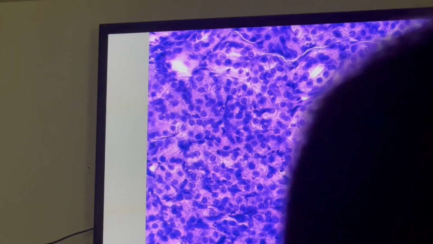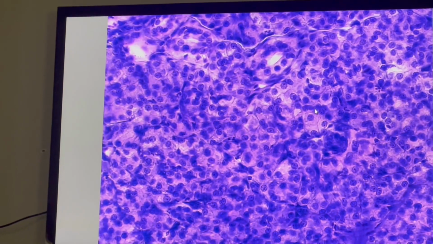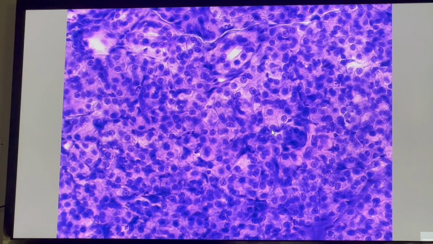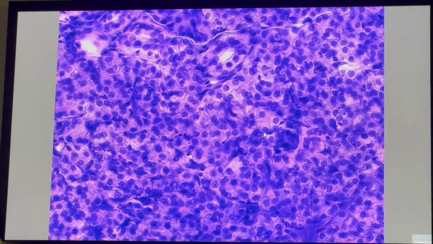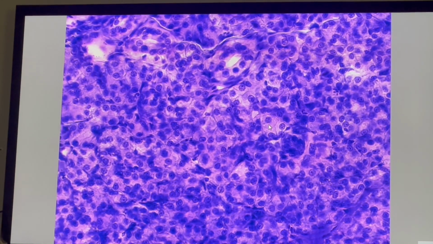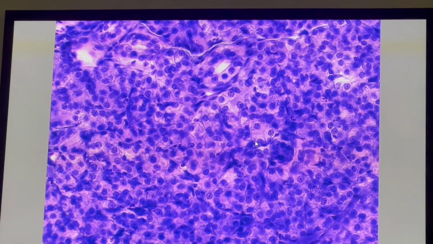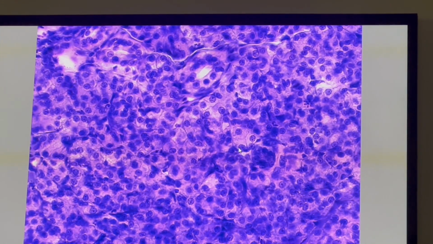Serous cells. Serous cells are arranged in a spherical structure called an acinus.